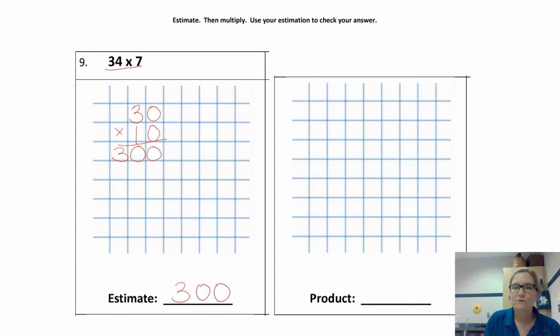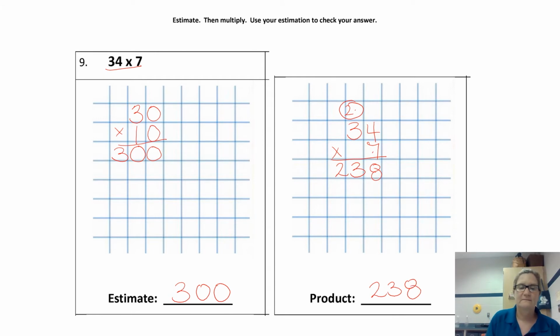Now we need to multiply for an exact answer. 7 times 4 is 28, carry the 2. 7 times 3 is 21, plus 2 is 23. So it's 238.